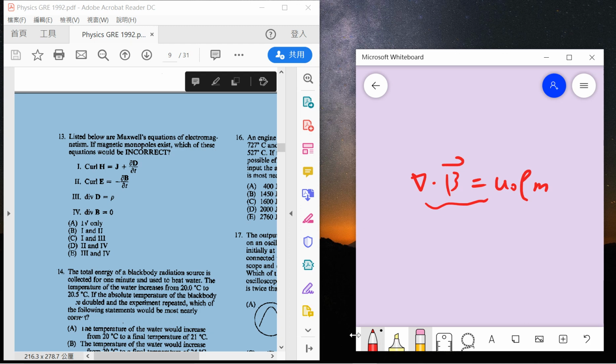And also, if B is modified, then any theory related to B must also be modified. So the first one must also be modified.